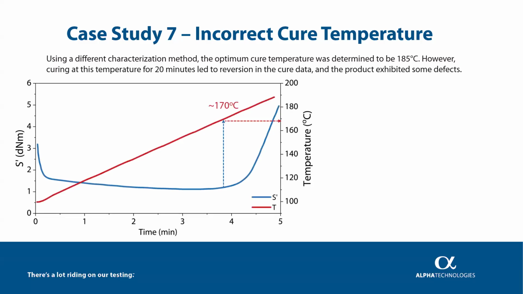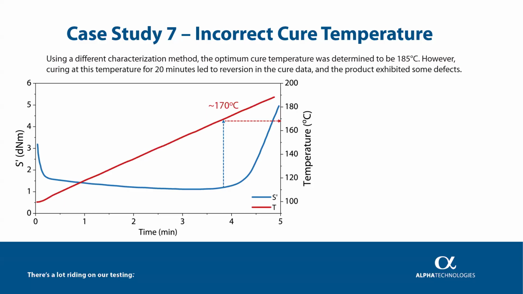That's when our team stepped in and we applied variable temperature analysis, VTA, using the RPA, where we ramped the temperature from 100 degrees C up to 190 degrees C to observe the compound's thermal behavior in real time.